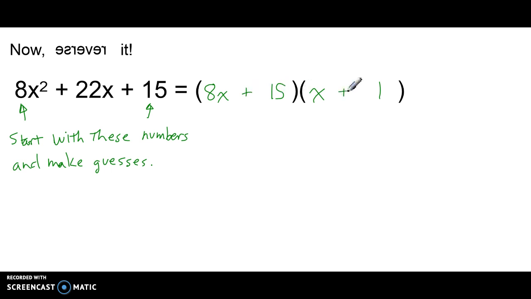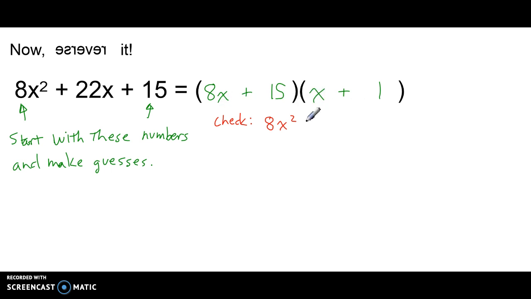This is only a guess, and since it's only a guess, you have to check. Remember a second ago I said you need to practice until you can do this all in your head? Here's why. Because you're going to check by multiplying this out in your head. 8x times x is 8x squared. 8x times 1 is 8x. 15 times x is 15x.